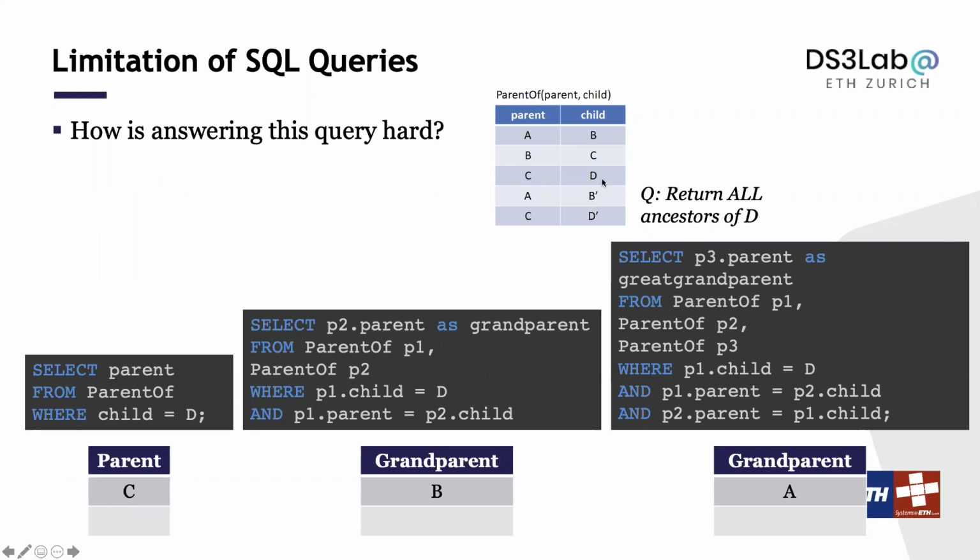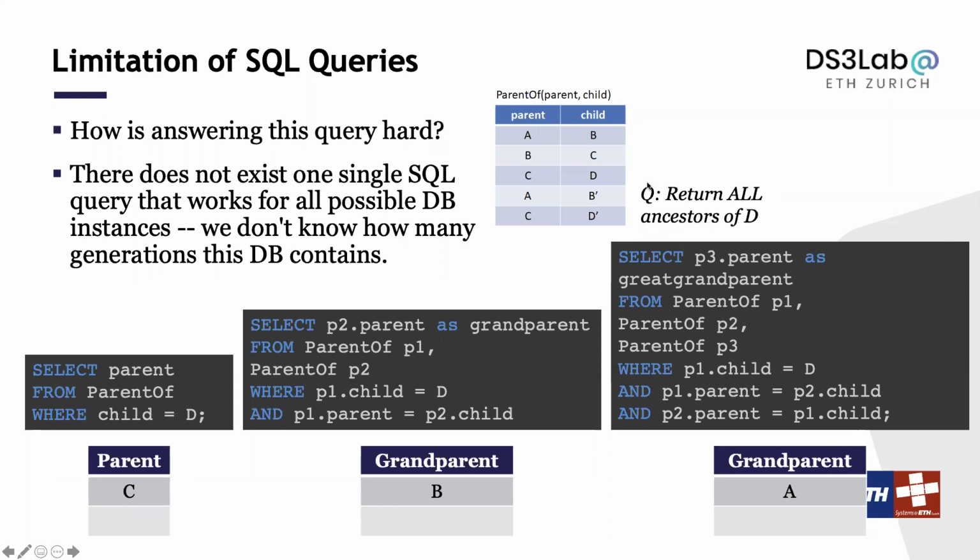But the problem is, as a user, before you are doing this, you actually do not know how many levels you have inside your database. As a result, there doesn't exist a single SQL query that works for all possible database instances. And the fundamental reason behind it is that in SQL, you actually cannot write a loop.